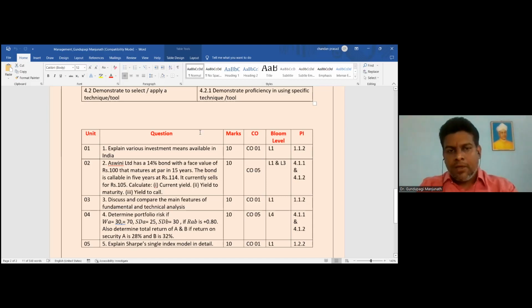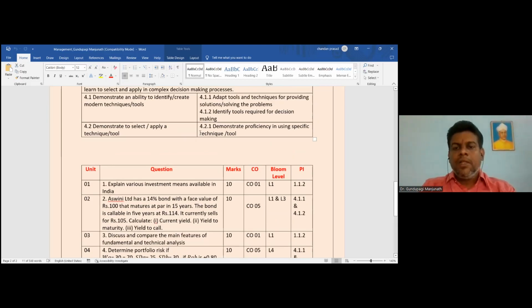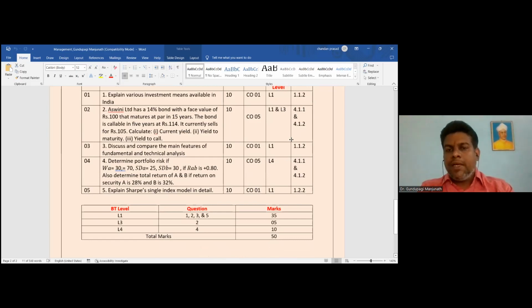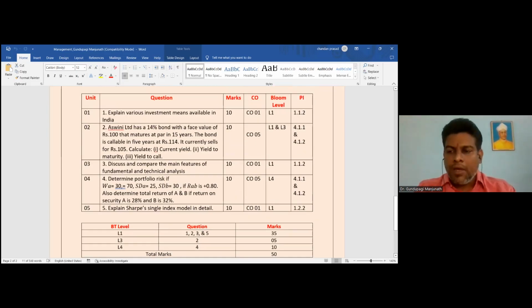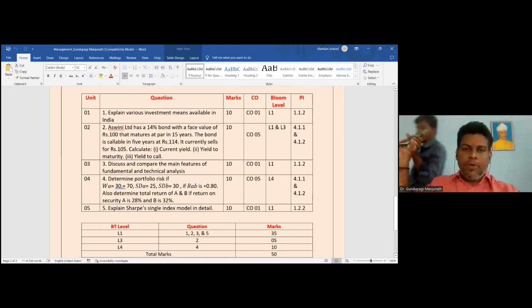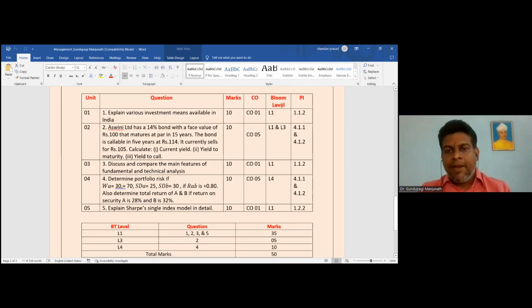But when you are designing quality questions, you have to ensure which indicator you are achieving, which level of Bloom you are achieving, and which course outcome. And sometimes specific program outcomes are also included in the table of specifications. Suppose, for example, the first question: explain various investment means available in India.